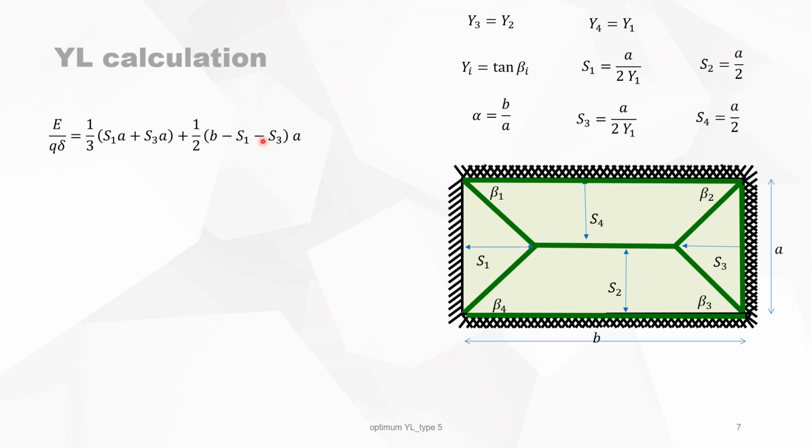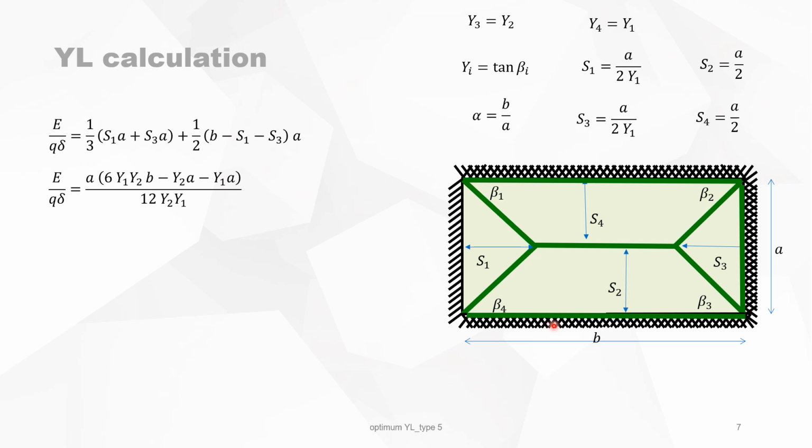The work done by the external forces, E, divided by the load in kilonewton per square meter, divided by the unity of displacement, is equal to the summation of the triangles, which is S1 times A, but it's a summation of triangles, so it's multiplied by delta over 3. So this is this term. On the right-hand side, we have the similar expression.